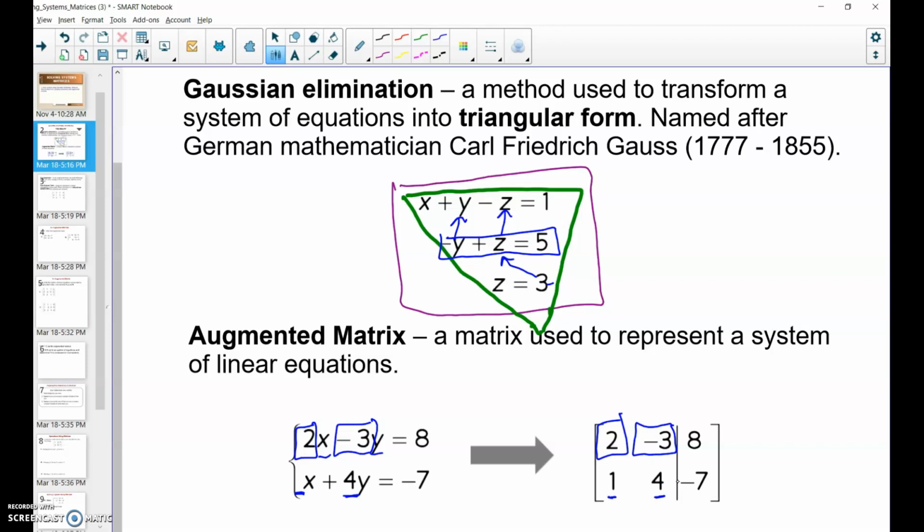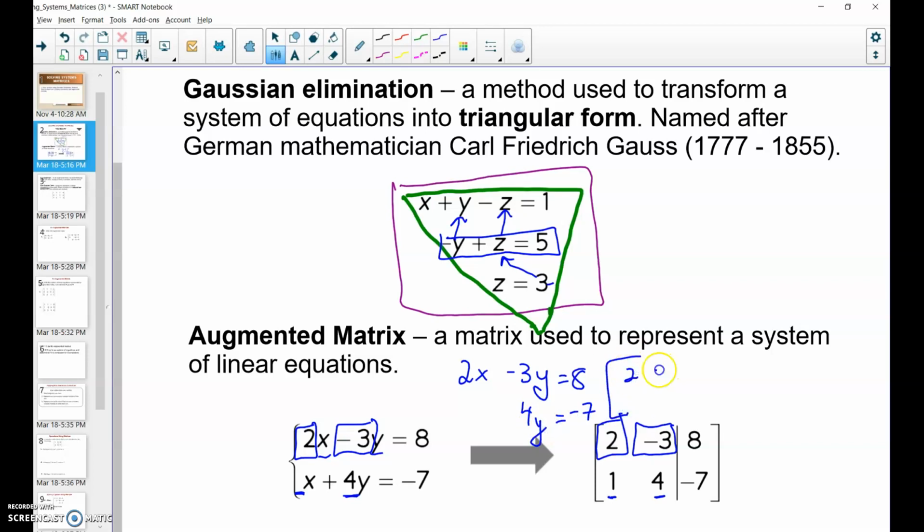So that vertical line is representing our equal sign, and then opposite of that will go whatever your equation is equal to. If you do not have a variable that's represented, let's say we just have this example here, minus 4y.